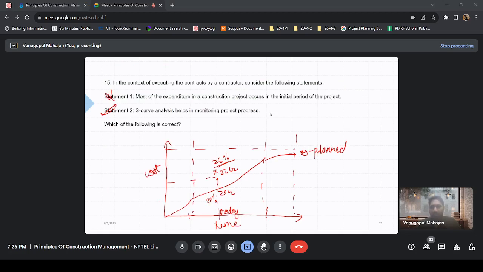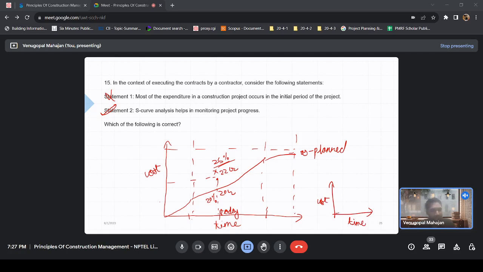Okay, let me draw it once again on a smaller scale this time. You have got time and you have got cost. Let's say you are still in the initiation phase, still planning, still designing.